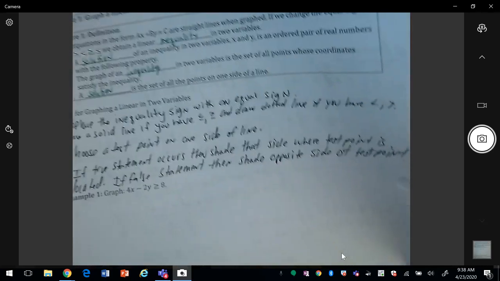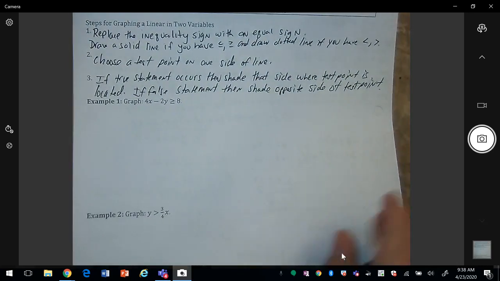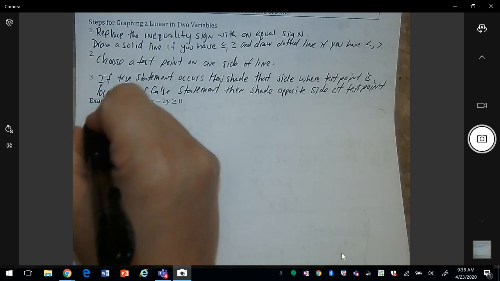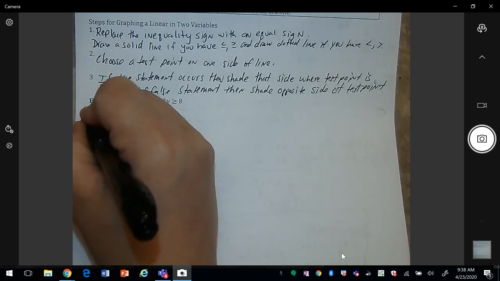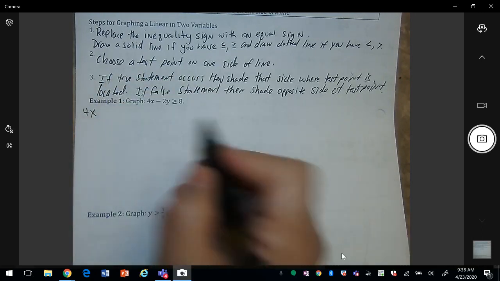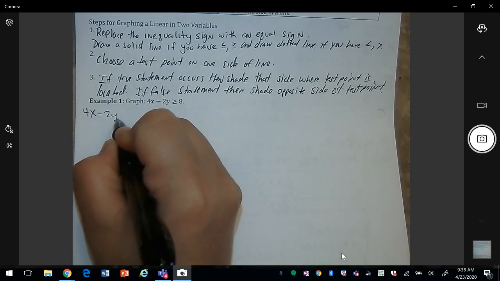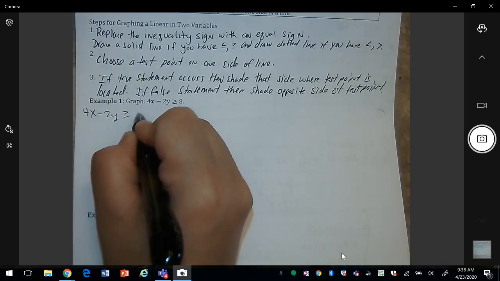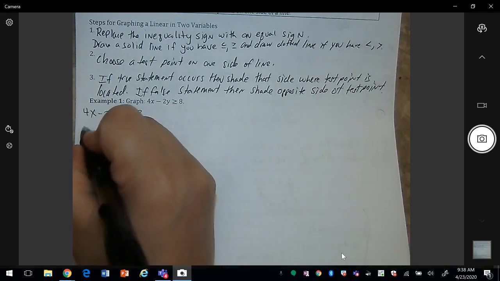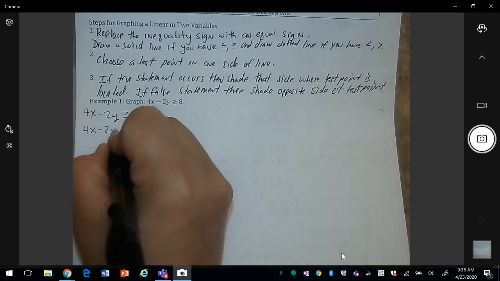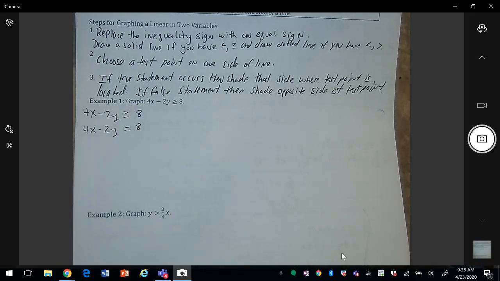For example, graph 4x minus 2y greater than or equal to 8. You can use any method that we've learned so far. I'm going to use the x-intercept and the y-intercept. So here's my equation. Our first step is to change the inequality sign to an equal sign.